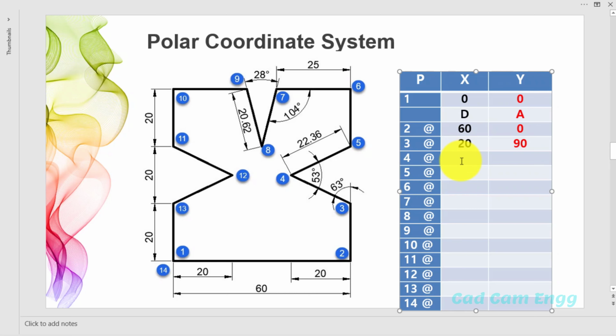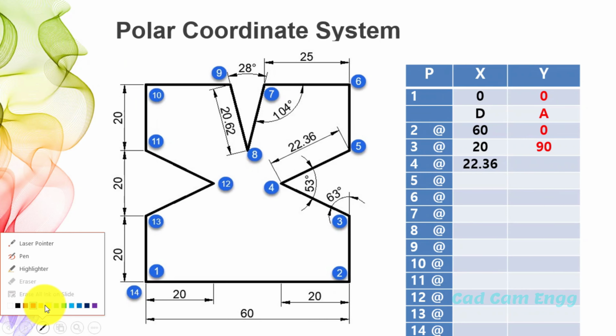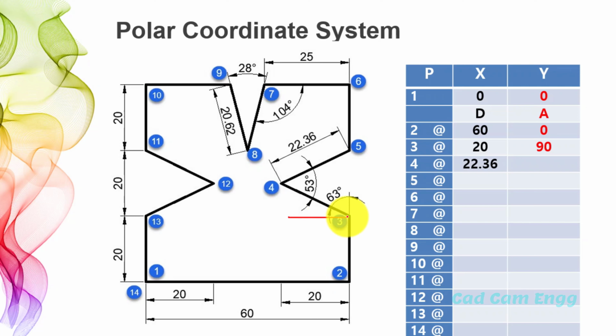Point number 4, now we are using this 22.36 distance, and the angle 63 is given. Do we take 63 directly? No, because AutoCAD always takes angles anti-clockwise. So this is our axis, and AutoCAD always measures from here to here.